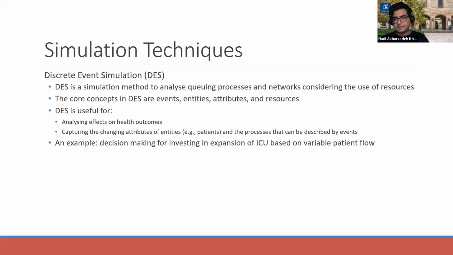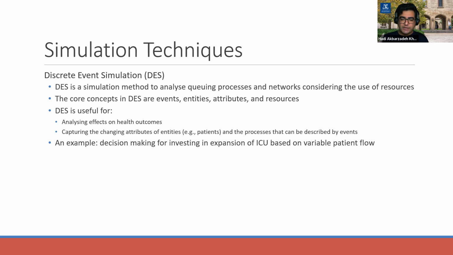Can your current system with the same capacity meet the demand or not? So one example would be decision making for investing in an expansion of ICU, specific hospital, and based on variable patient flow.